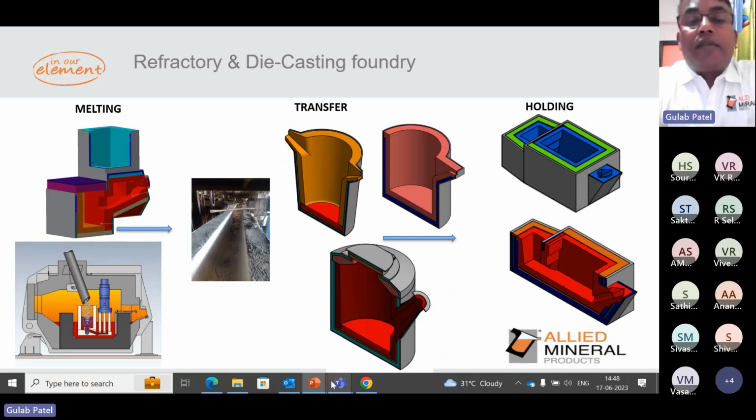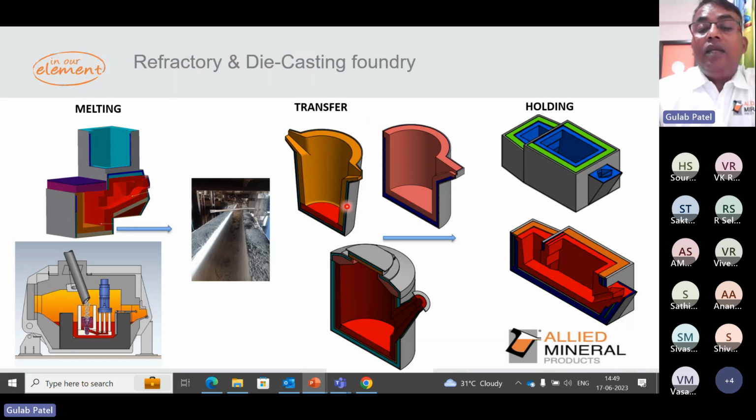So coming to the second point, how refractory and die casting foundry are closely associated. If you look at your die casting foundry, the process starts from melting, where mostly you can see tower type furnaces called stack melters, and in some places a scalner as well. Then through small launders, the molten metal is poured out into ladles, and different types of ladles are used to transfer the liquid metal.